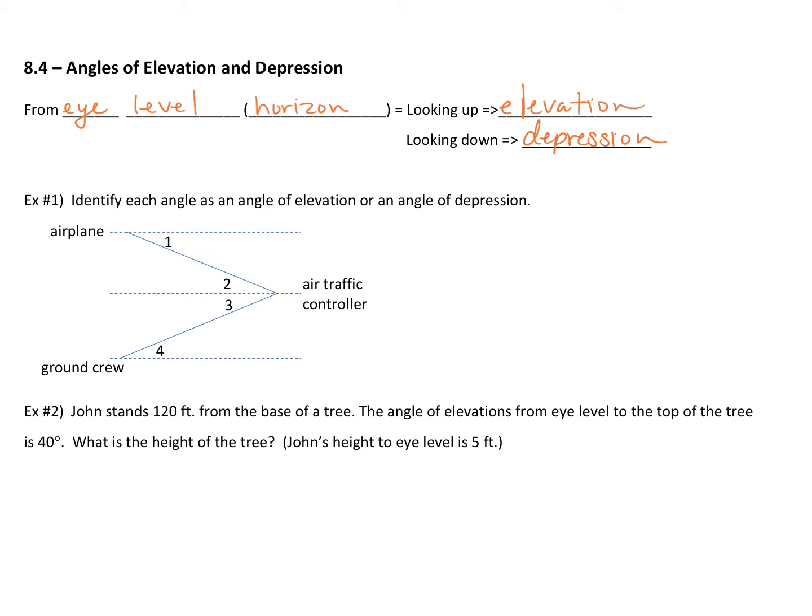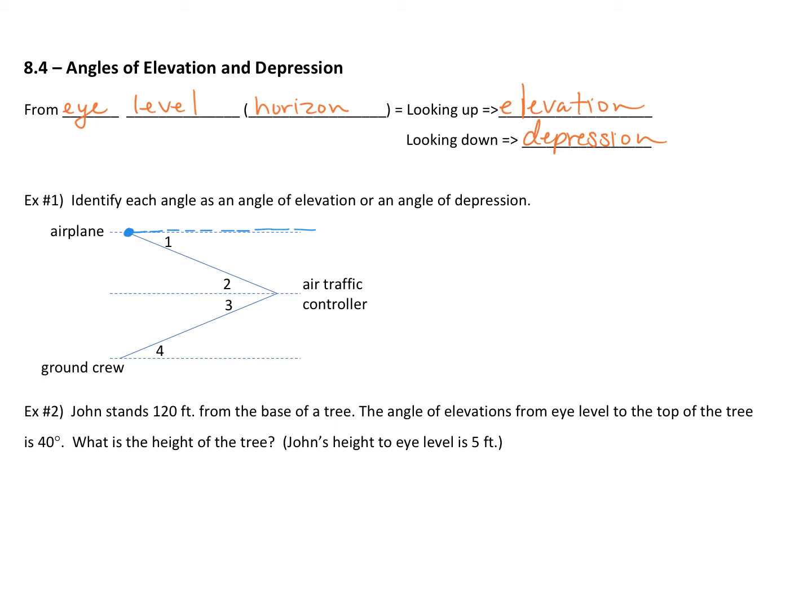All right, so here's how it goes. We're going to figure out of these 4 angles that you're seeing, which ones are angles of elevation and which ones are angles of depression. Like we said, you look out horizontal, eye level at the horizon. And where do you go from there? If someone is in an airplane, which is represented by this point, their horizontal line is this one.